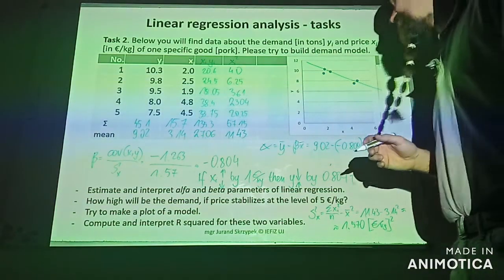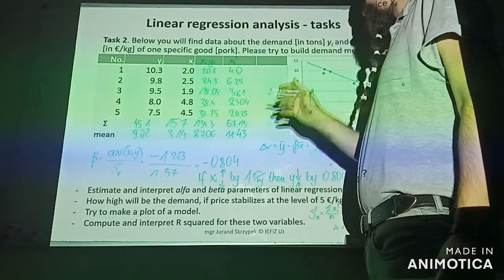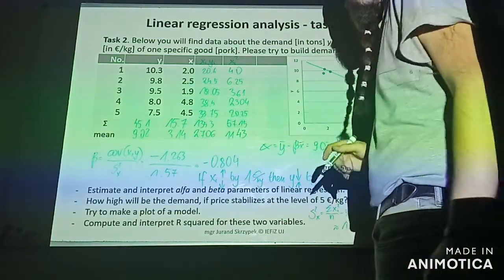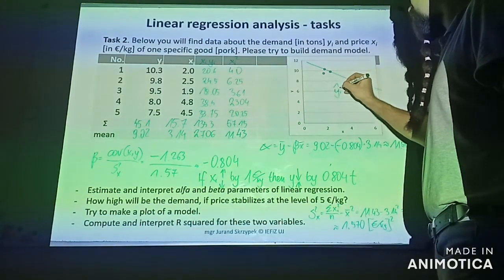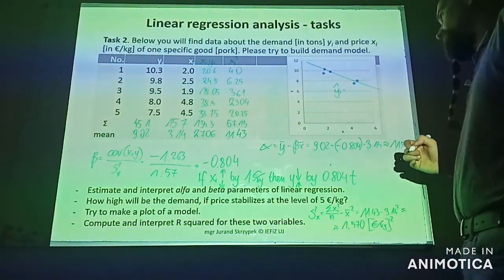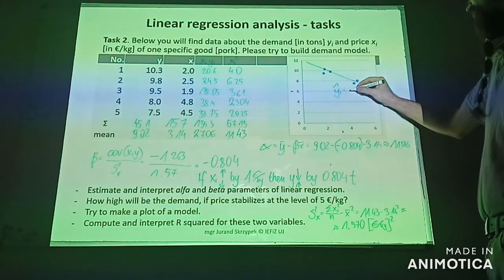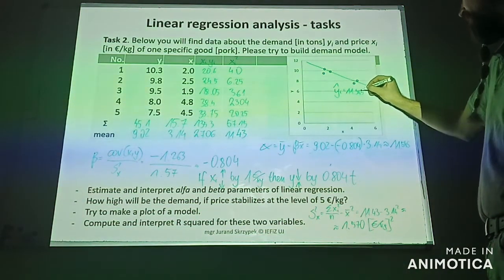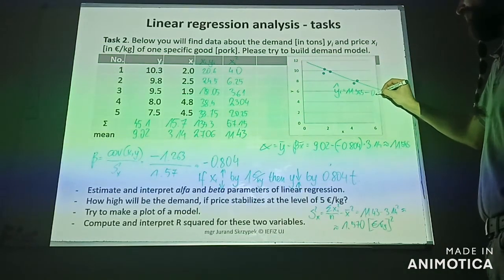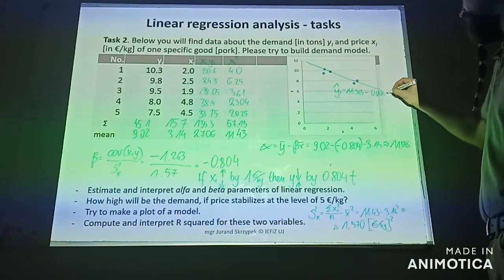Okay, how about the interpretation of the alpha parameter? We have estimated the demand model, which has the form 11.545 minus 0.804 xi.